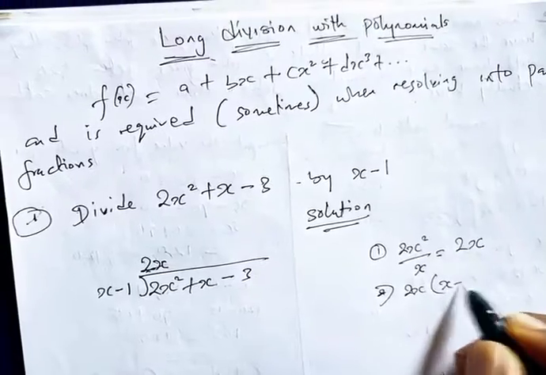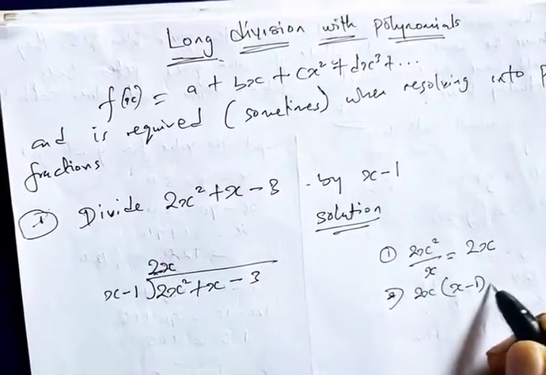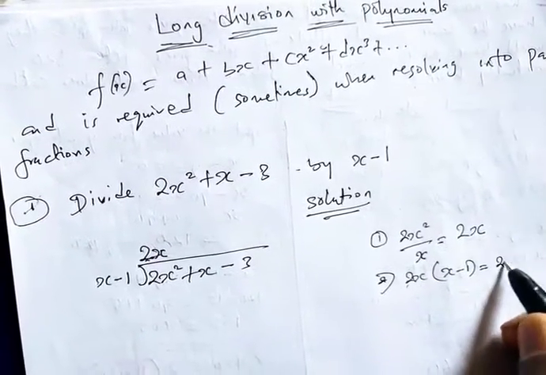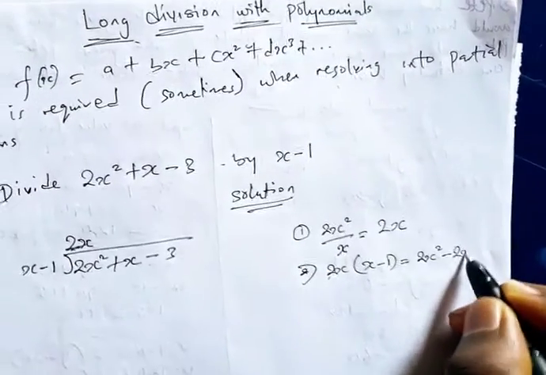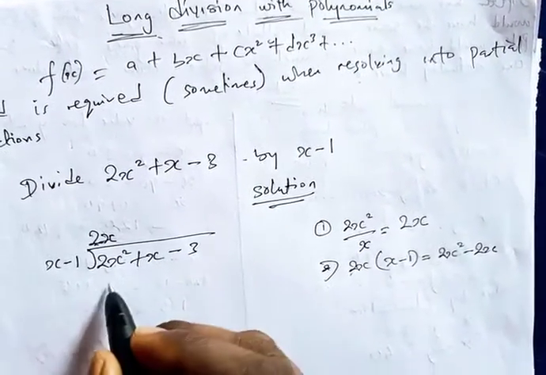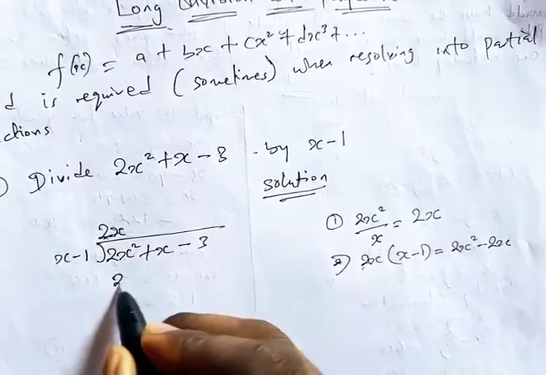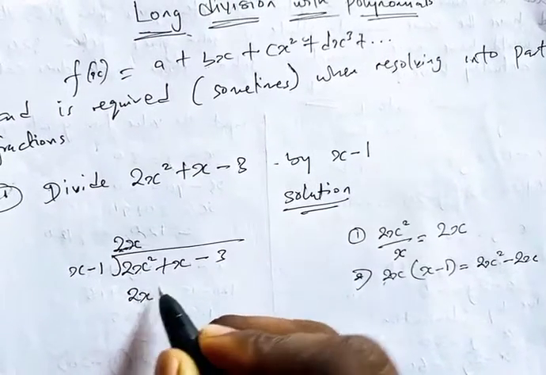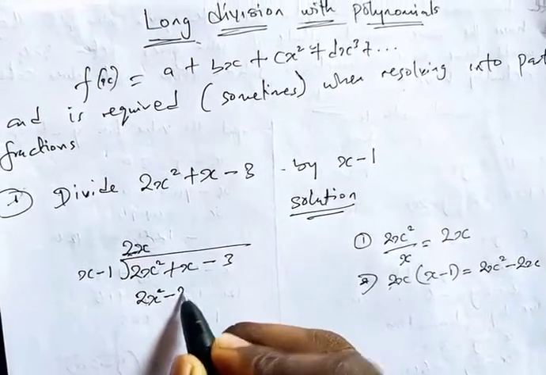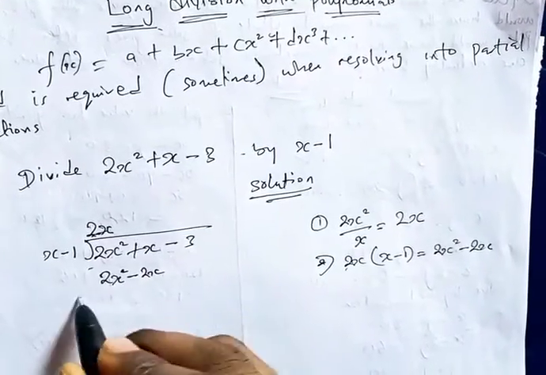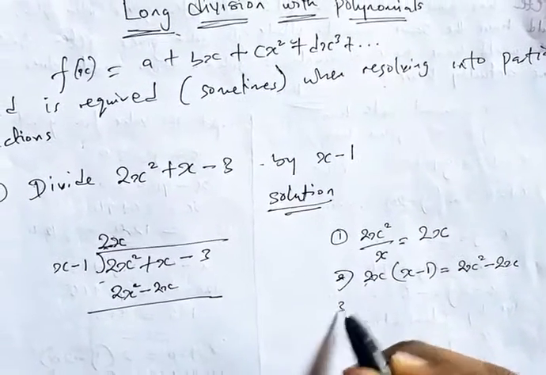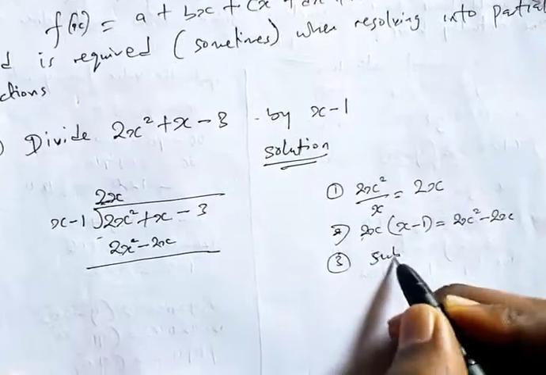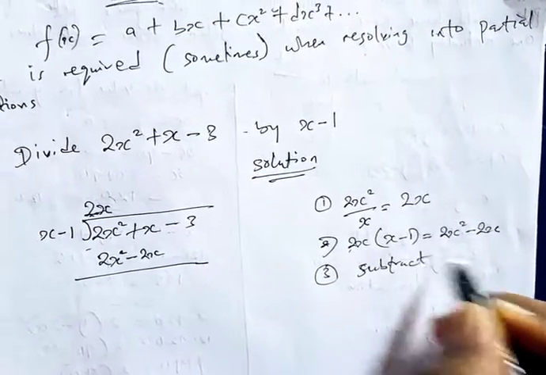2x multiplied by x minus 1 gives me 2x squared minus 2x. Then I'll bring this here and subtract, just as I did for the long division with numbers. So I subtract. That's the third step, is to subtract.